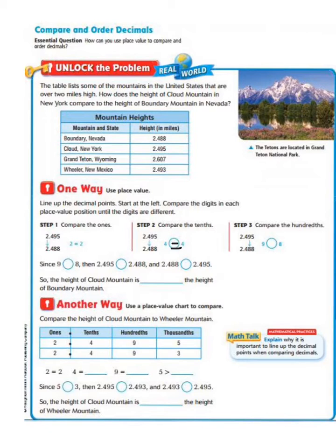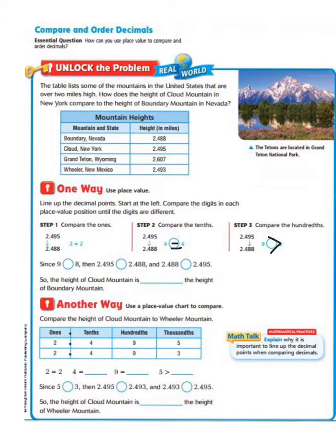So step 3 is to compare the hundredths. So we have a 9 in the hundredths place value here and an 8 in the hundredths place value here. And we know that 9 is greater than 8.